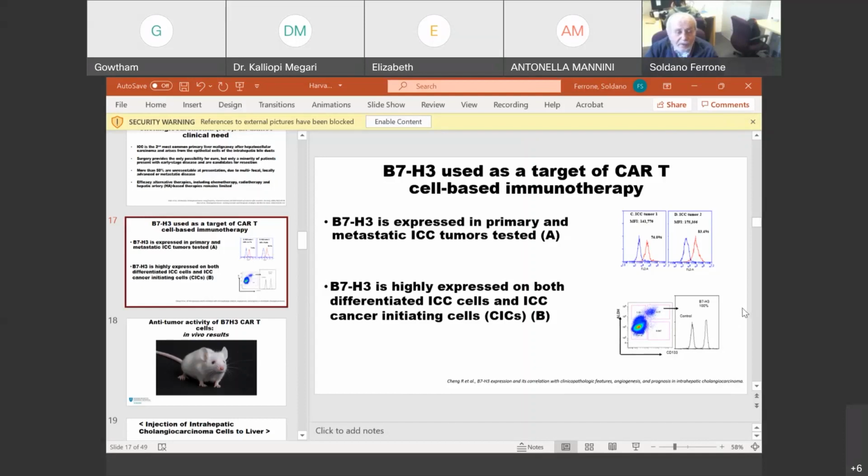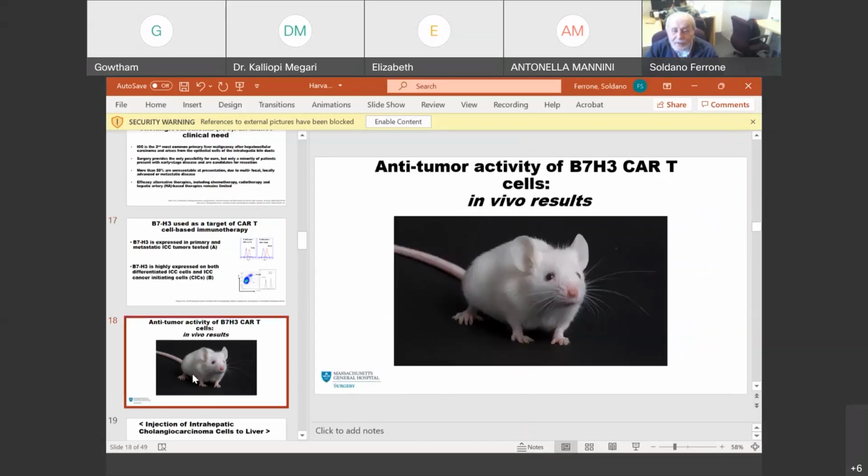So now we needed a model to perform the in vivo studies, and in the early stage of our study, we identified that there was no available model, and so we decided to generate a model utilizing immunodeficient mice, because we are going to graft human tumor cells in mice.